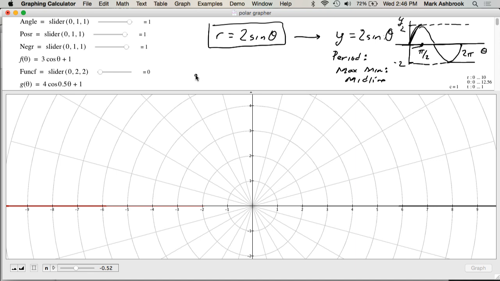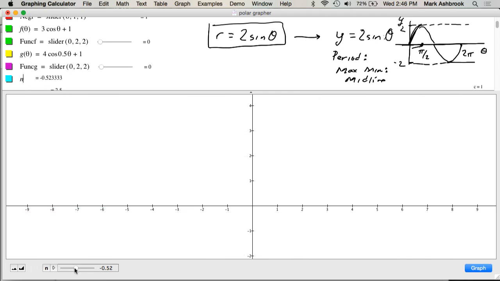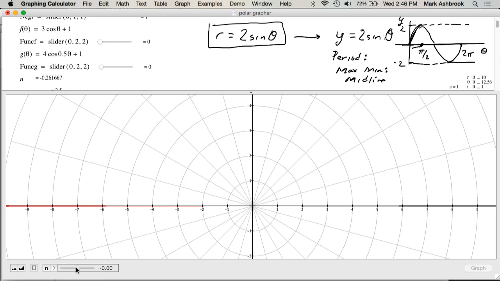So we imagine the angle changing from 0 to pi over 2, and as we do that, the radius is going to increase from 0 to 2.